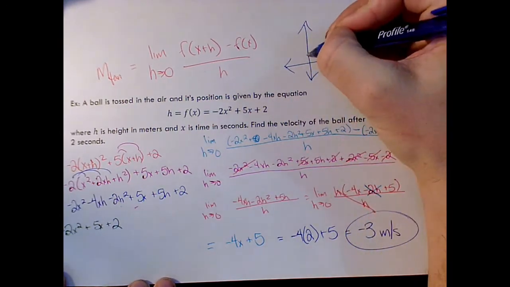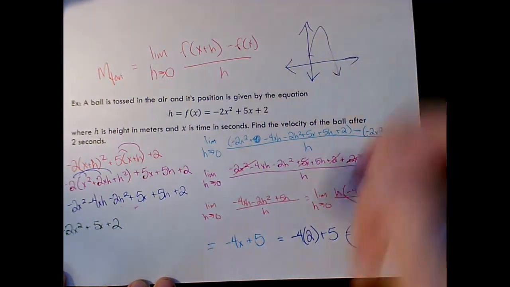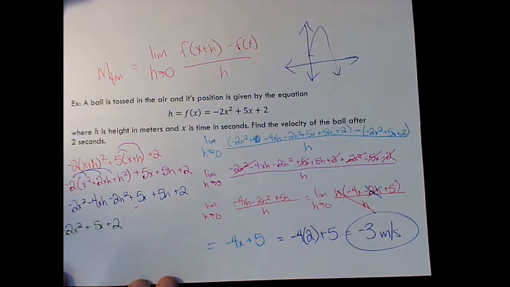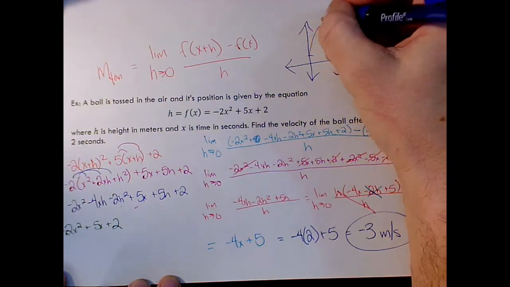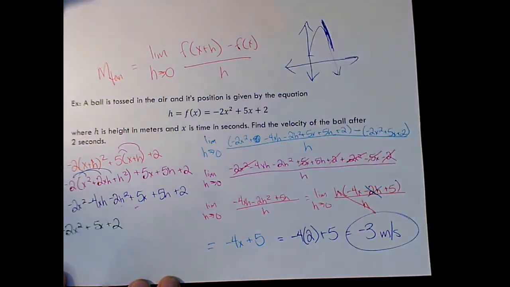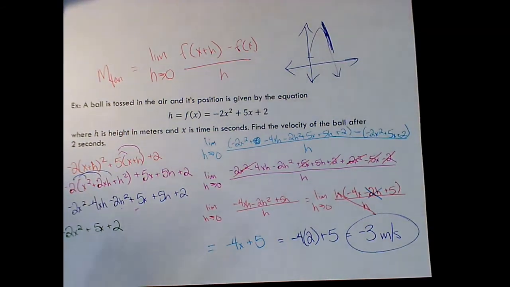Here's 2. It's going to go up, it's going to go down, and we care about what's going on at the 2 seconds, which is probably somewhere around here, based off of what we know. And we get negative 3. Nifty. That wasn't so bad.